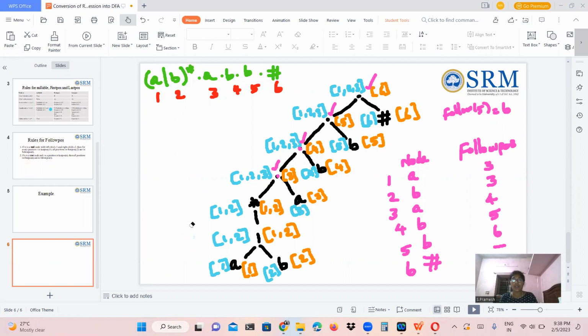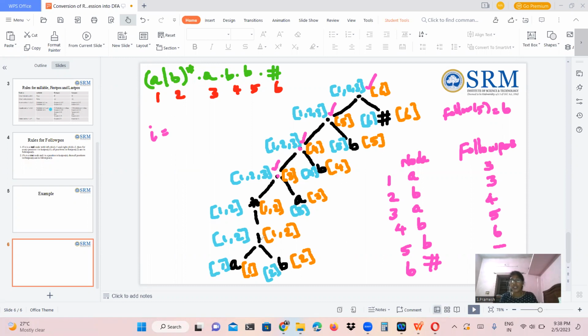Only one star symbol we are having, right? For this symbol, because there is only one operator symbol, only one child, the I value is the last position of the child.